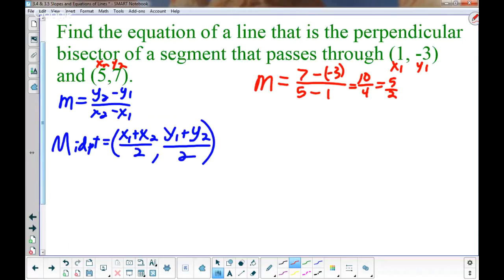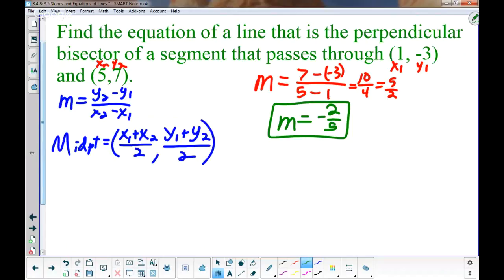So that's the slope of the segment we're looking at, but that's not the slope of the line we want. The slope of the line I want is going to be the opposite reciprocal of that. So the slope I'm looking for is -2 over 5. And I'm going to box that in because I know that's what I want to use. It's -2/5.